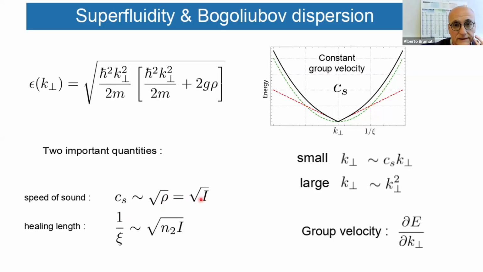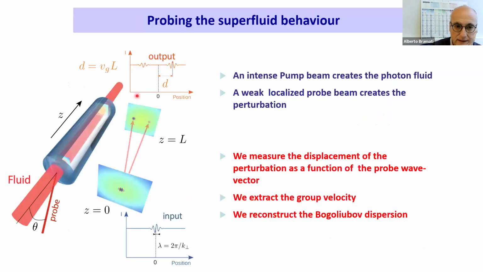So how to measure this Bogoliubov dispersion in this case? We have designed a specific experiment, so it's not so different with respect to the experiment that I showed before, but there are some specificities.